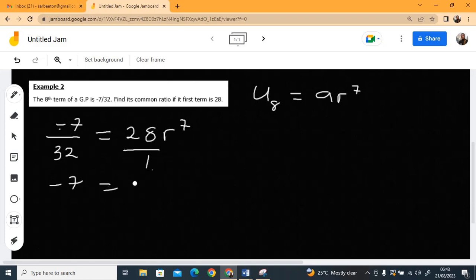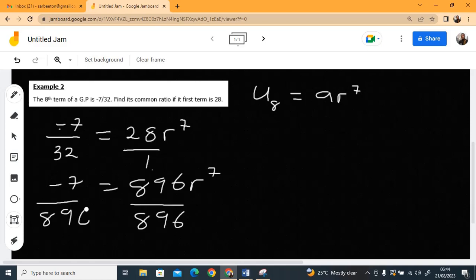So I have 896 r raised to power 7. So I'm going to divide both sides by 896. So this will cancel this.